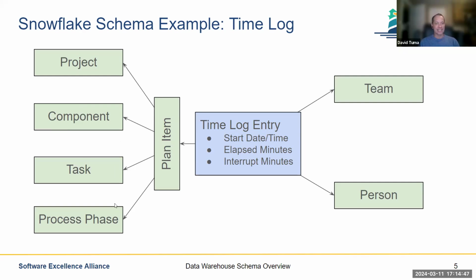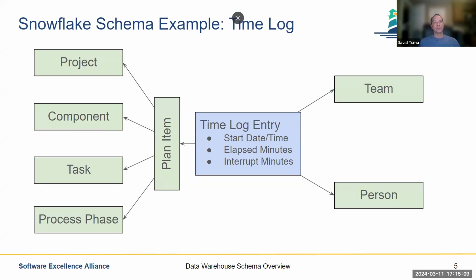It has a task and a phase, and it's part of some component. But now my time log entry has a single foreign key to the plan item table, representing an item in some project plan. And then that row in the plan item table has the foreign keys to these other things.